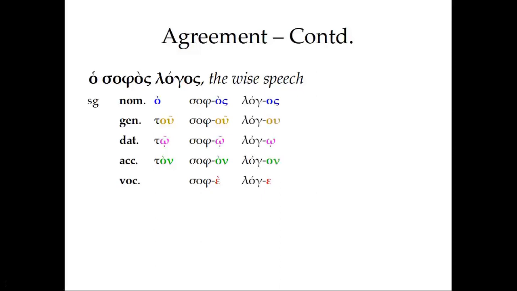Logos. You can see we've got os in the nominative, ou in the genitive, ō in the dative, on in the accusative, and e in the vocative. There's only really one place in this whole declension where there's any difference in the endings, and that's right here. Ho is a little different than os, but still pretty close.